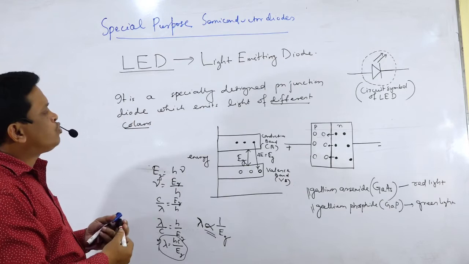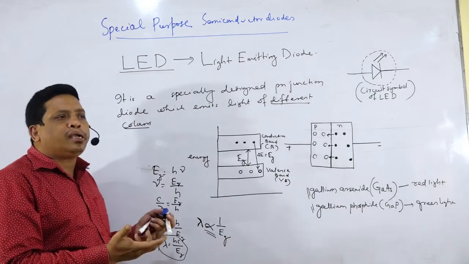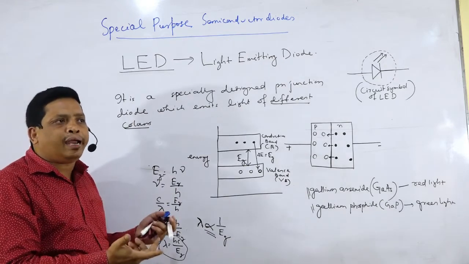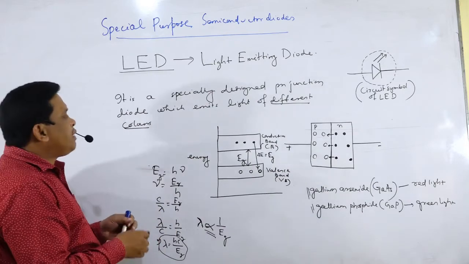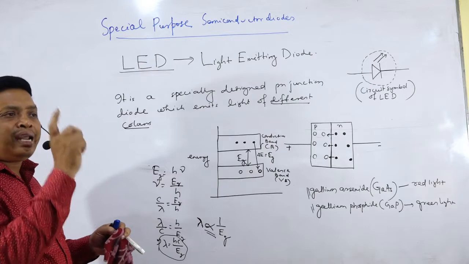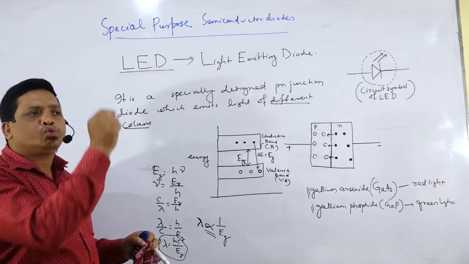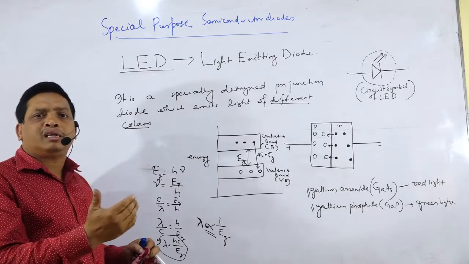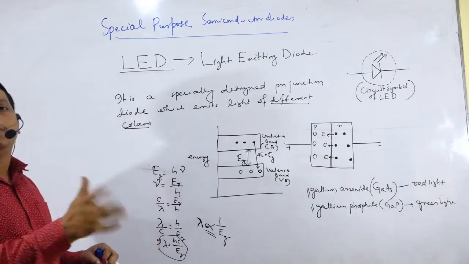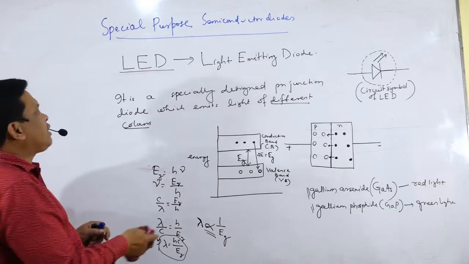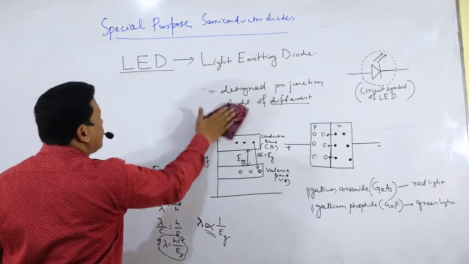We can also design multicolor LEDs. That means that LED will produce one color under forward biasing condition, and it will produce another color when it is reverse biased. So multicolor LEDs are also available.